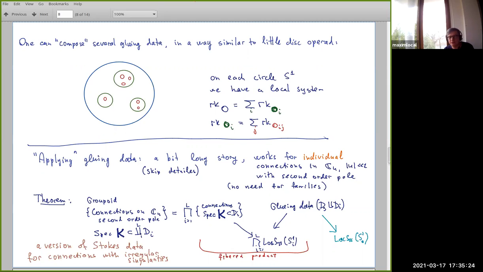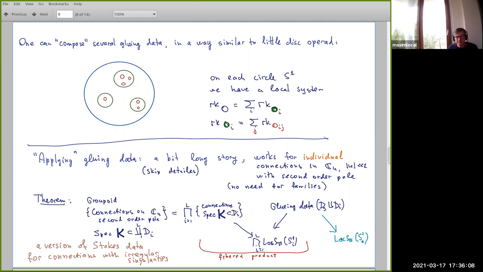So it's some kind of abstract story. Take a connection with a second order pole, just an individual connection, and consider all possible connections with a second order pole subject to the following constraint: the spectrum of the operator k, which is only one here, is a subset of the union of the small disks di. Then I claim that this object, or in mathematical terms this groupoid, is the same as some kind of fiber product with some compatibility.